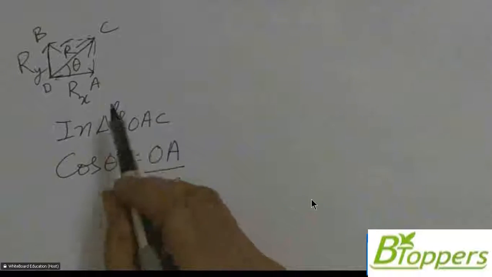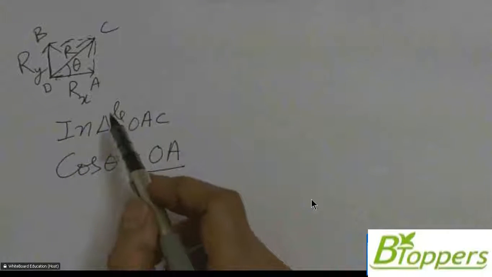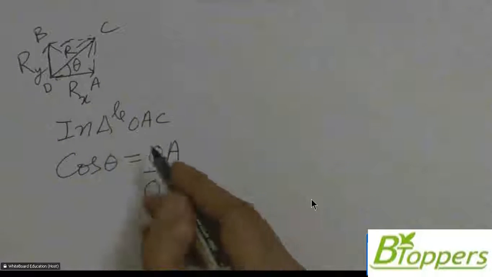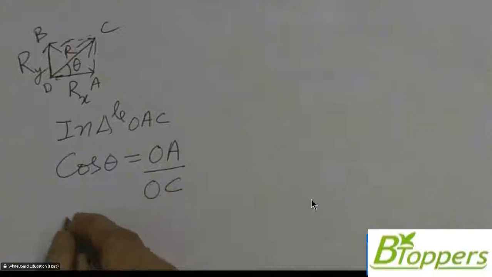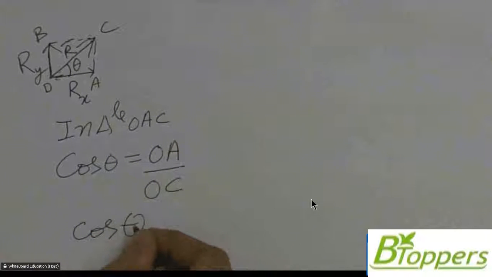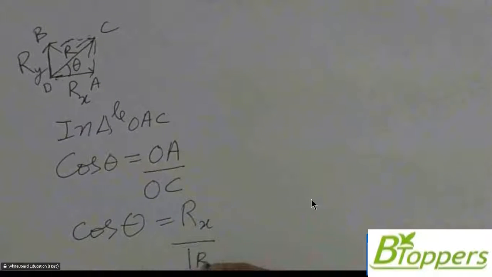Now in the figure, the length of the line OA is equal to Rx, and the length of the line OC gives you the magnitude of vector r bar. Therefore you can write cos theta equal to Rx by modulus of vector r bar.